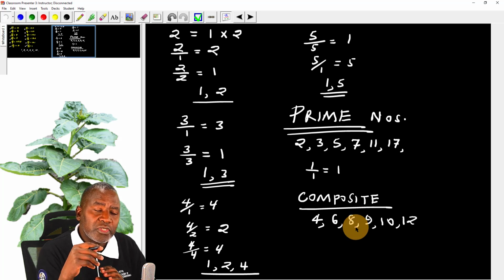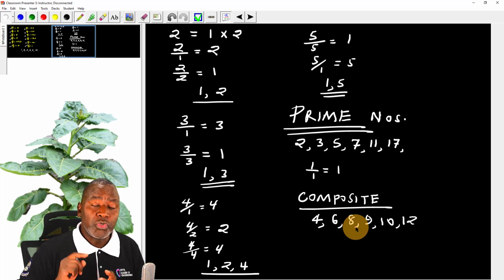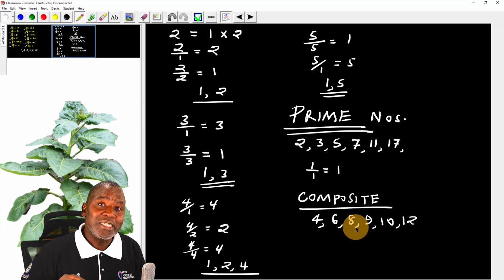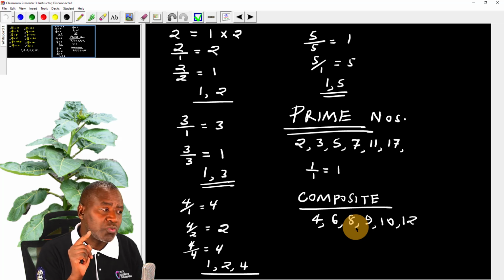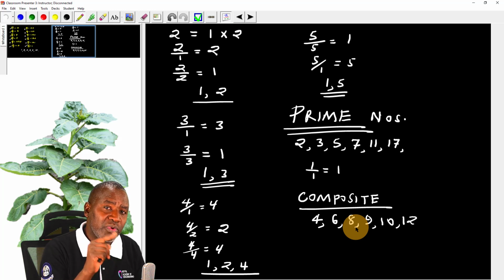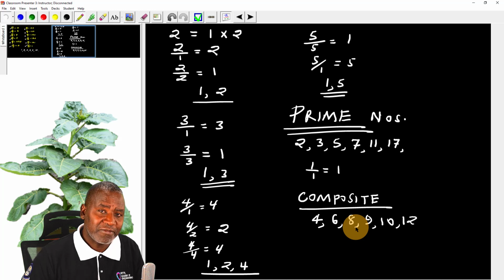So in this lesson, we've been able to look at, number 1, what is the meaning of factors of a number? Factors of a number are those numbers which divide that number without a remainder.